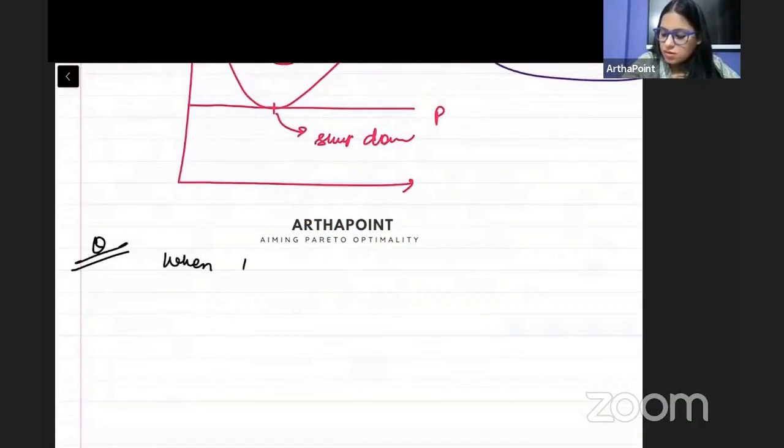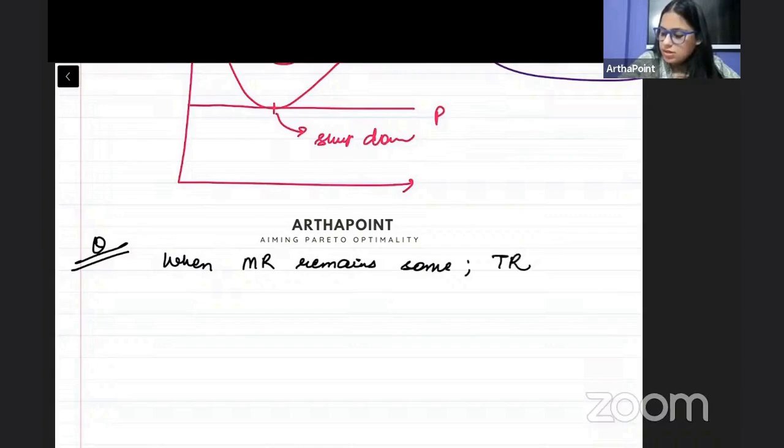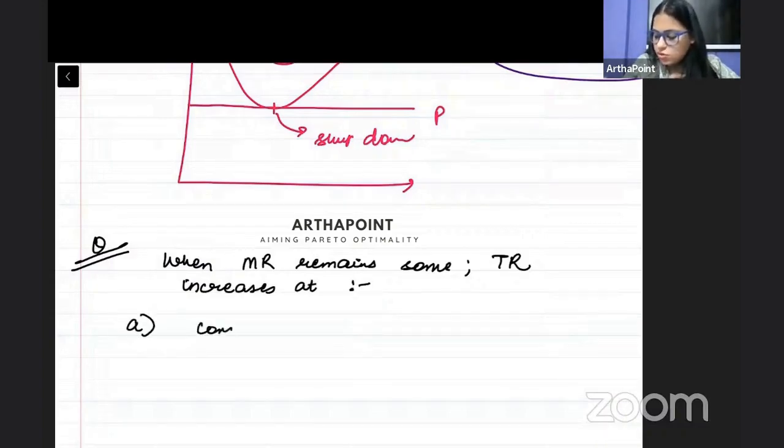When MR remains same, TR increases at option number A, constant rate. Option number B, diminishing rate.